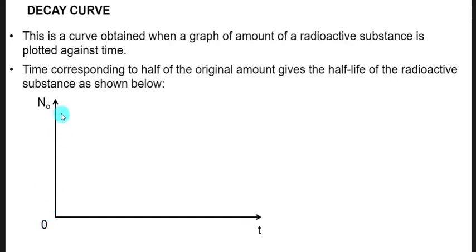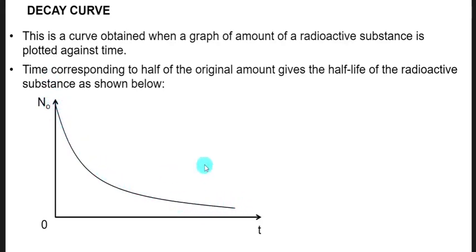The graph that you have plotted always goes like this. It is a decay curve. A decay curve starts from high, then goes to low. That is why it is called decay, meaning the amount is decreasing with time.